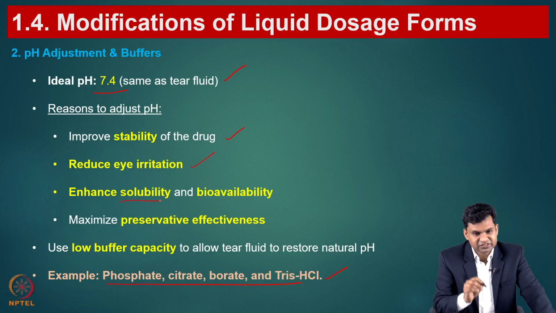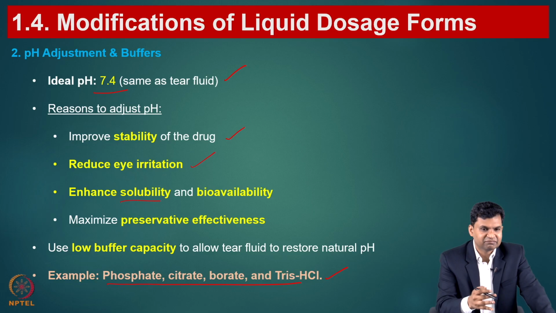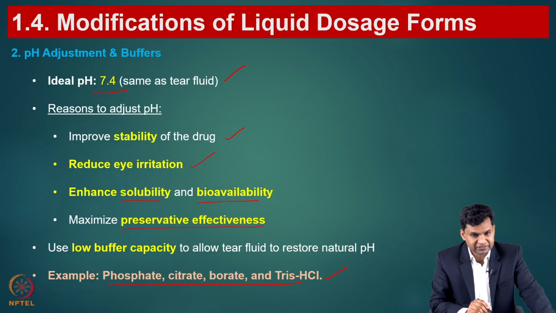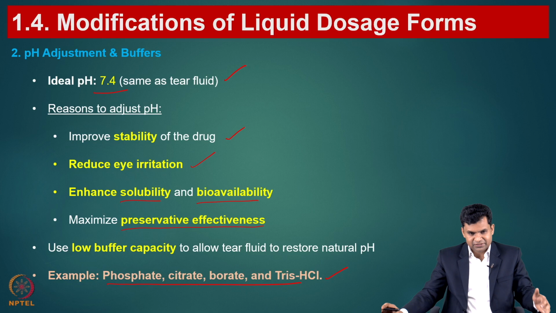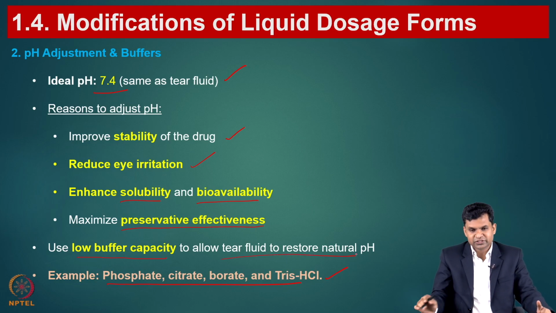There are drugs which are solubilized at a particular pH condition, so from that we can also enhance solubility as well as bioavailability. It also maximizes preservative effectiveness, as there are drugs which are active at that particular pH, and there are preservatives which are effective at that pH. So, use low buffer capacity to allow the tear fluid to restore the natural pH.